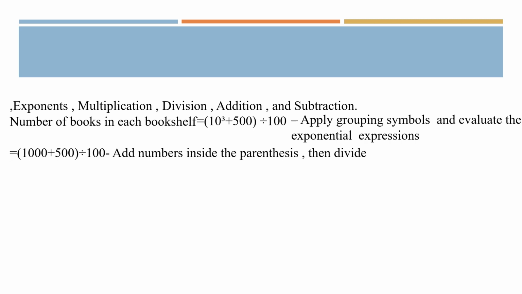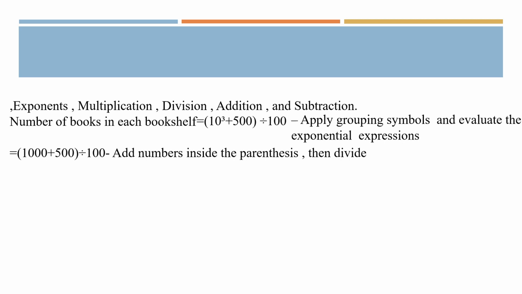Let's have the answer. 10 cubed plus 500. 10 cubed, 10 times 10 times 10 equals 1,000. Plus 500, close parenthesis, divided by 100.